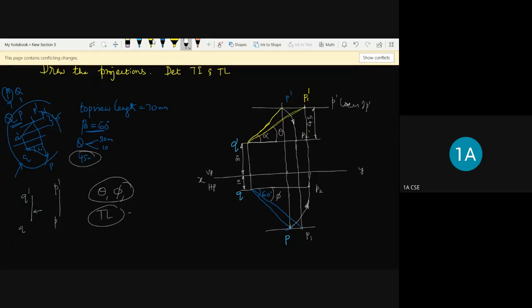Done? Sir, is theta 20 degrees, sir? Yeah, correct. Not 20 degrees, roughly 30 something you are going to get. 37, yeah, 37 degrees exactly.